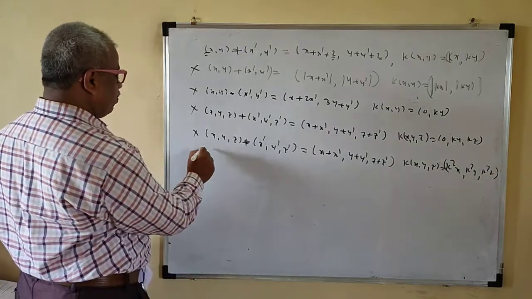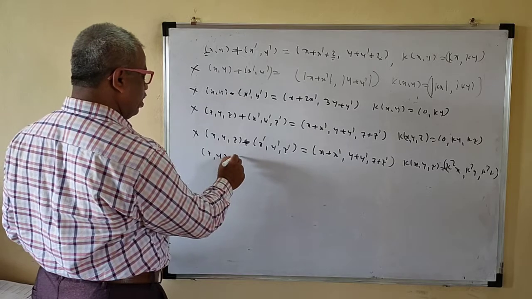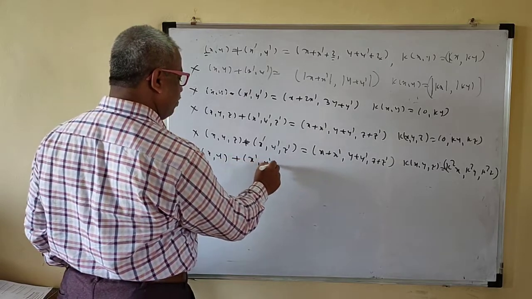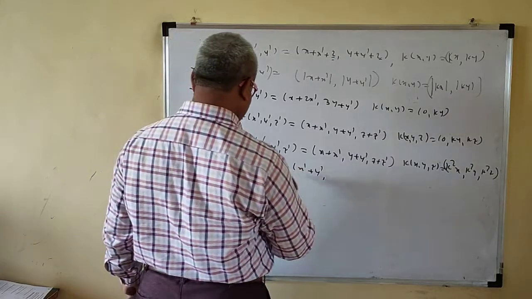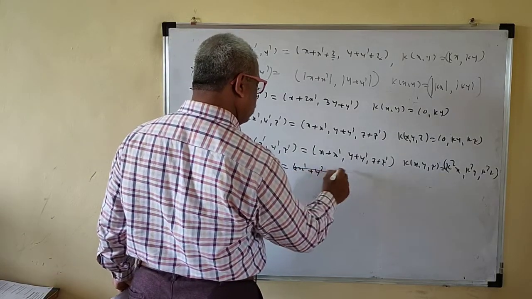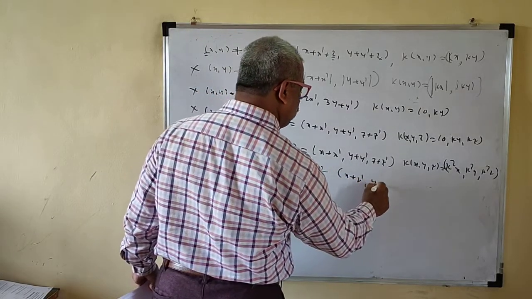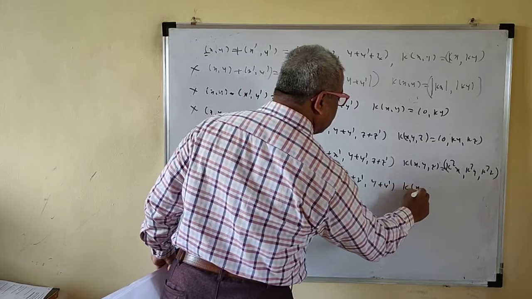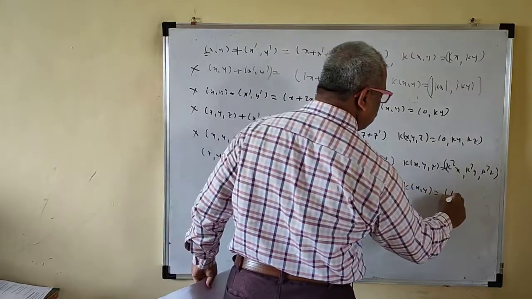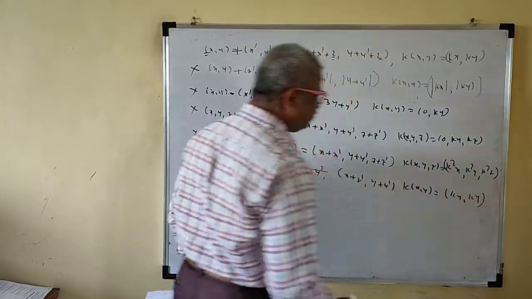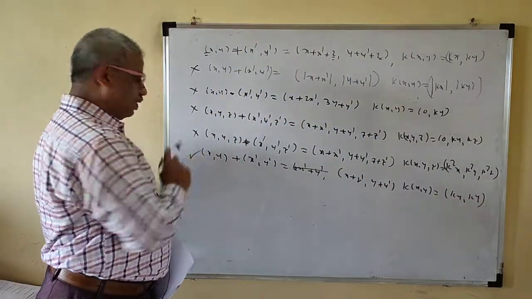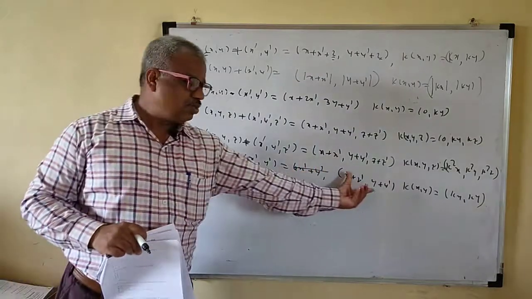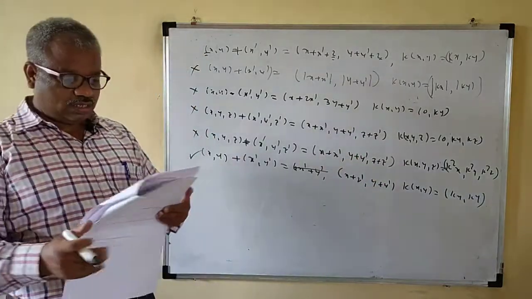Suppose we are given this example: (x, y) + (x prime, y prime) = (x + x prime, y + y prime), and k(x, y) = (kx, ky). Okay, this addition is usual, so therefore it is a vector space. Addition is usual, scalar multiplication is usual. This is a vector space.